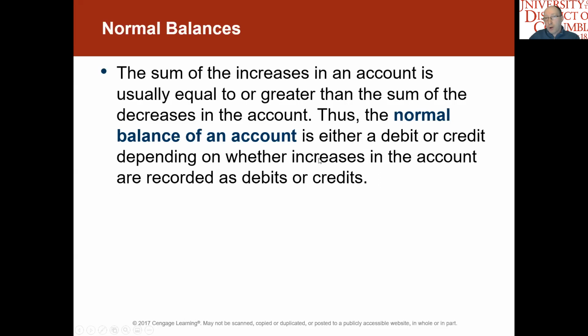I normally increase my assets by having a debit balance. My cash normally has a debit balance. That's a way of thinking about it. My cash normally has a debit balance because I normally am positive in cash.